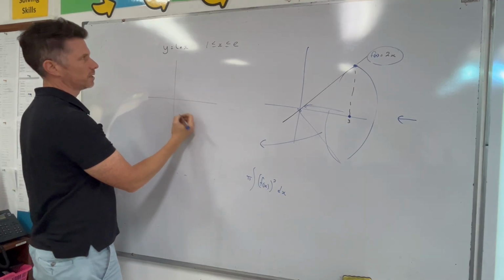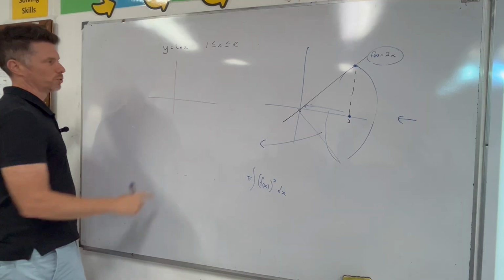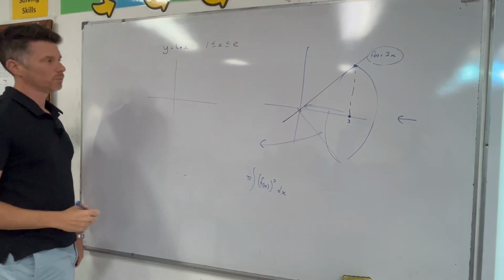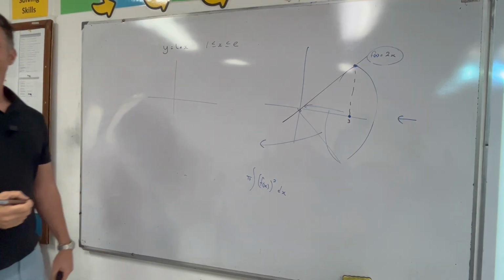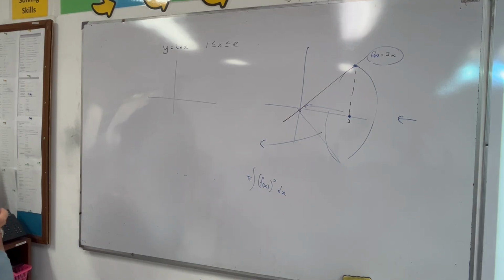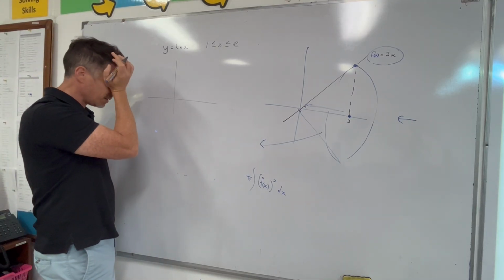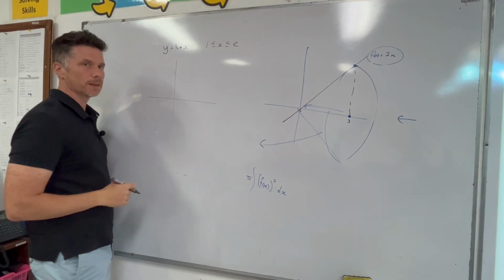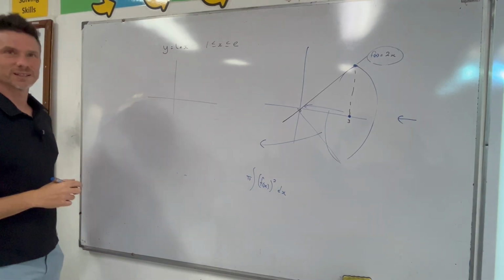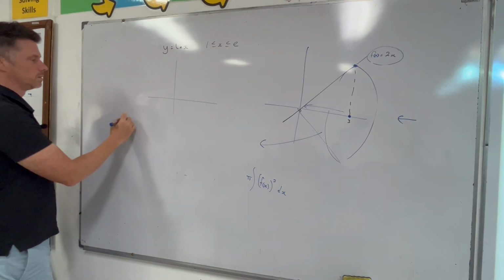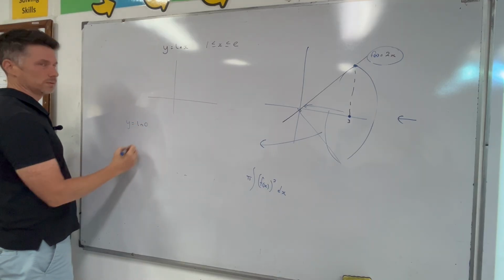For a sketch, let's get more specific numbers. When x is 0, what's y? Y is equal to ln 0. Surely that's okay?